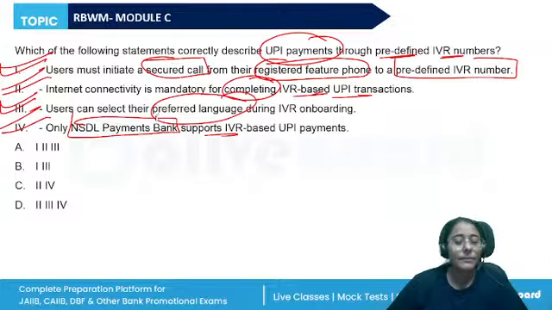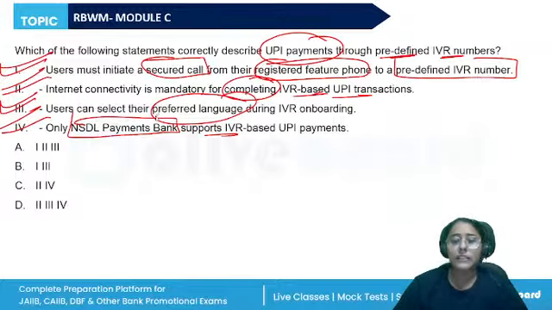So, which of the following statements are correct about the UPI payment through IVR? The interactive voice response, like I already told you, comes under the UPI 123 Pay, developed by NPCI, facilitating UPI transactions for feature phone users without internet connection. Right? When was it launched? In 2022.